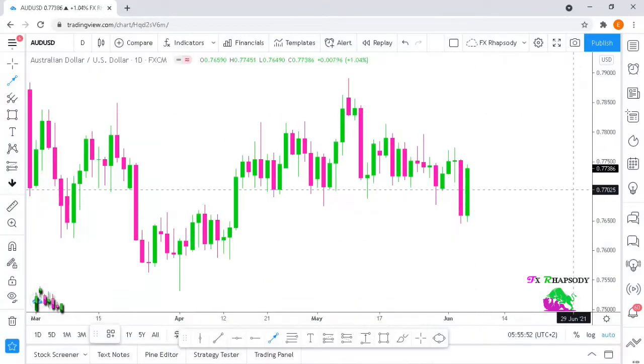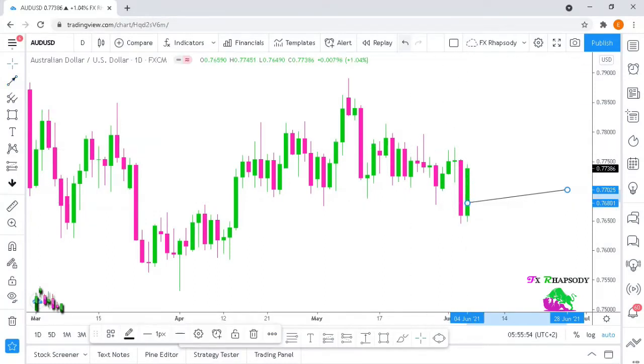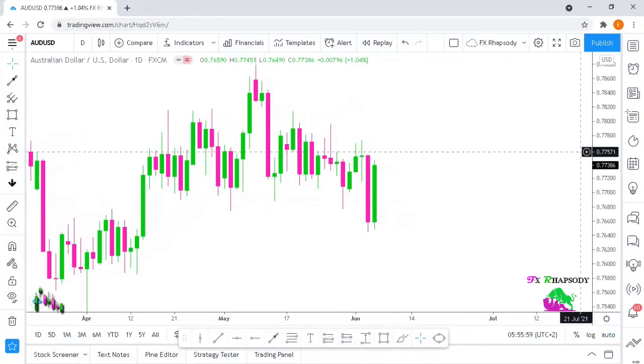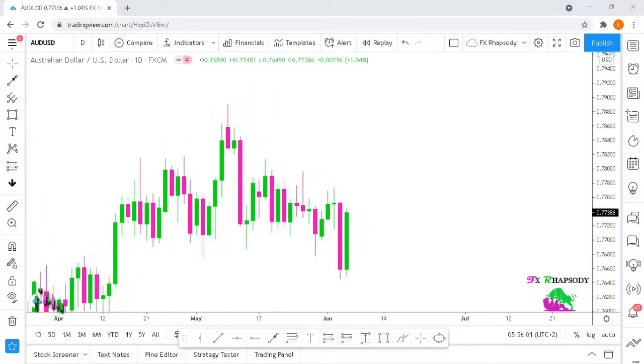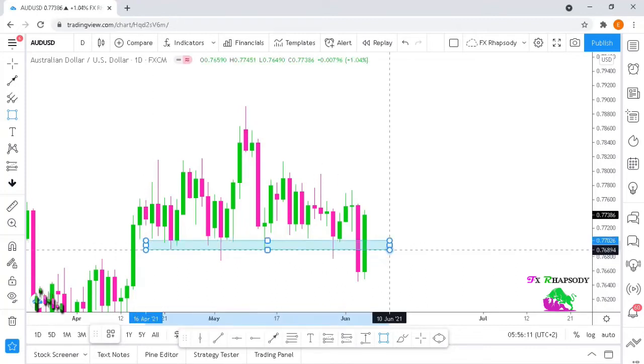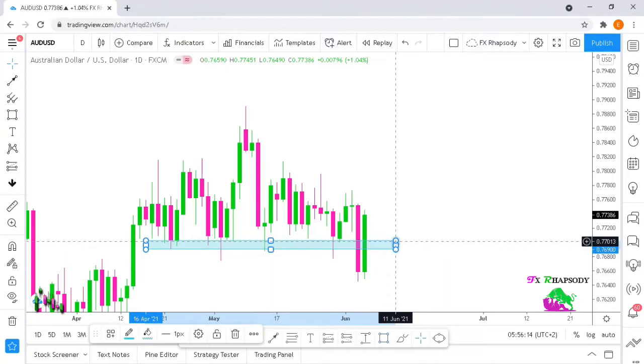Now, sorry, this is the daily time frame on the Aussie dollar. On the daily time frame, we can see something here. We have this big support at the bottom. Let me just draw that here. So we've got this big support at the bottom, okay?